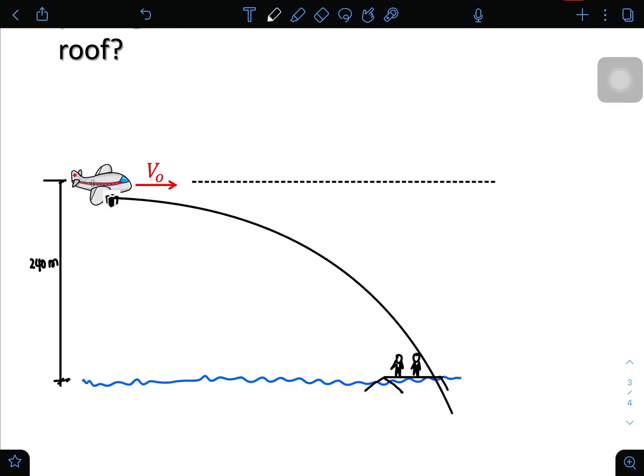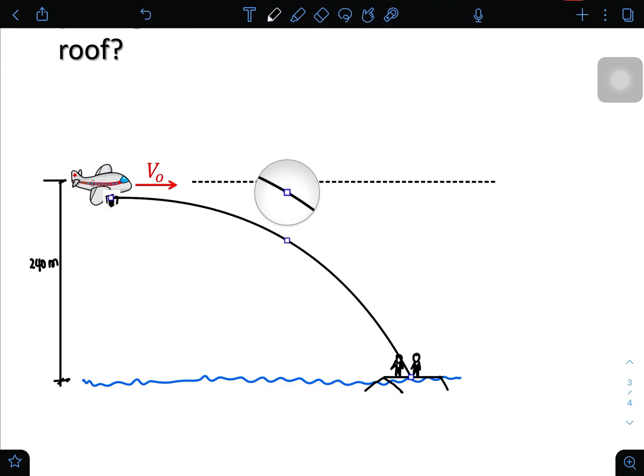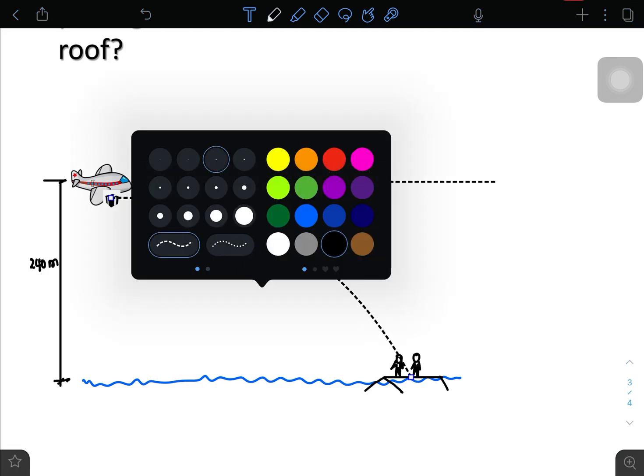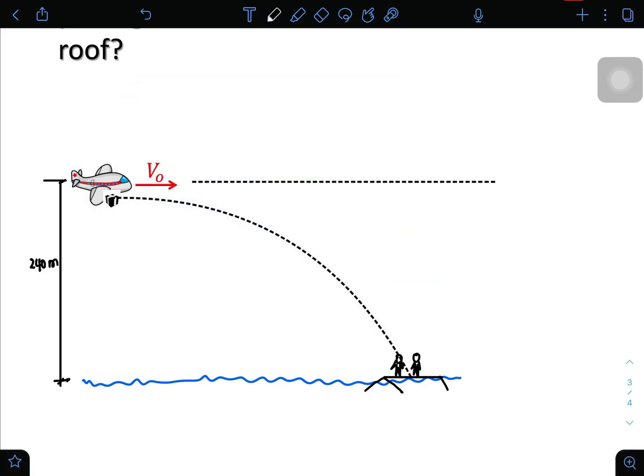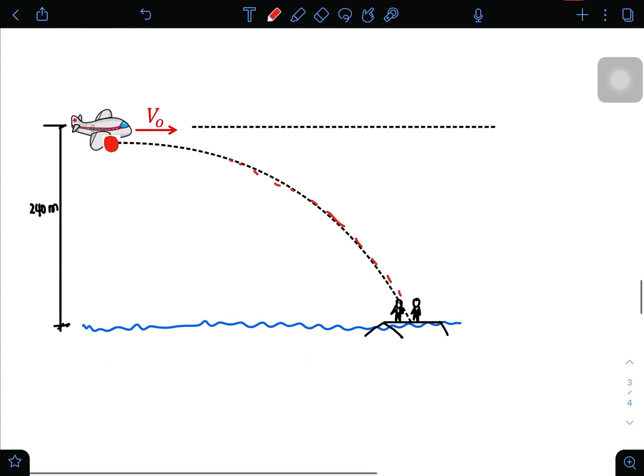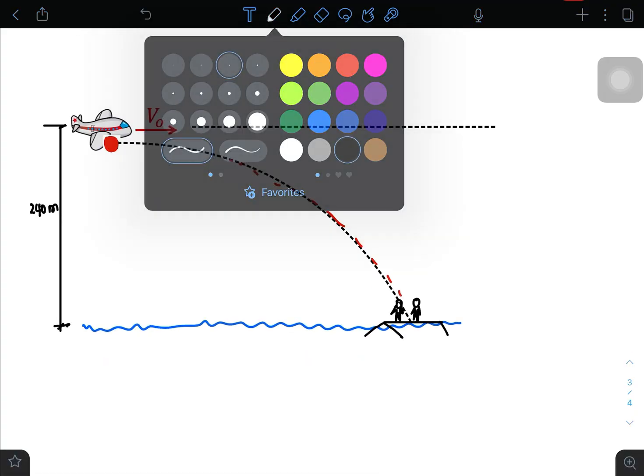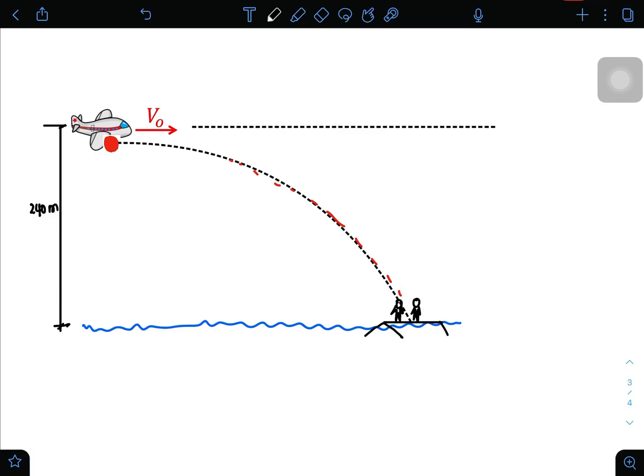We need the distance from this package as it is being released until it lands there. So how far is its distance from this point of release to the stranded people on the roof?